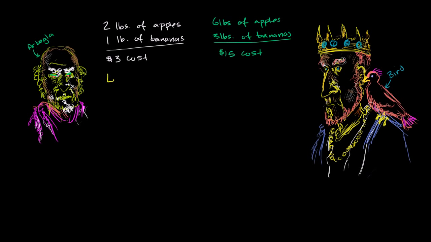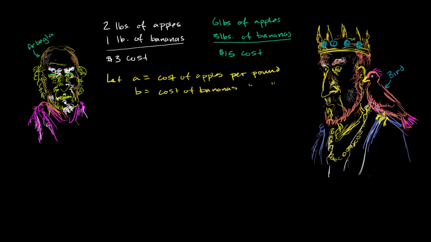Let A equal the cost of apples per pound, and let B equal the cost of bananas per pound.